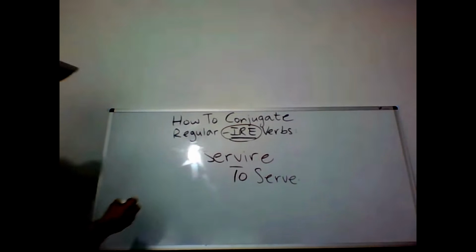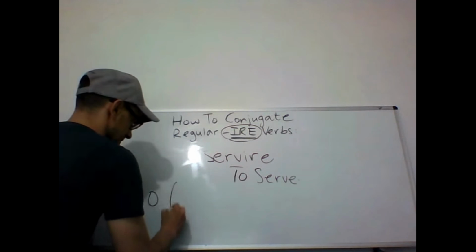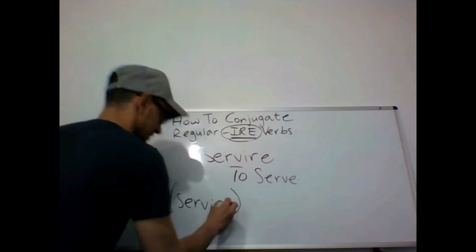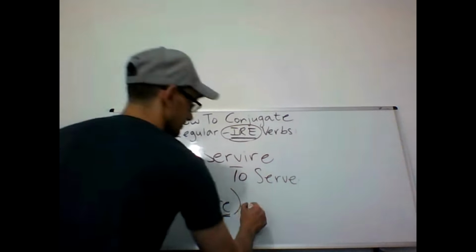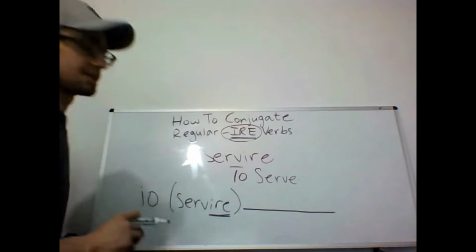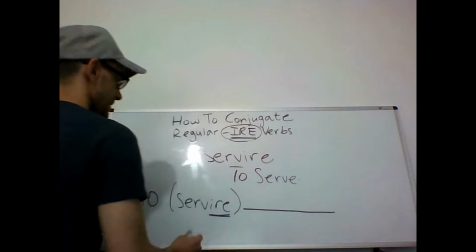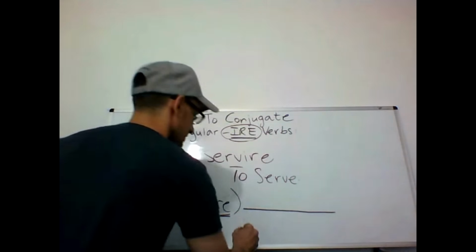So I know that I need io. Have the verb servire, right? Gotta look at that IRE. So I'm gonna leave a blank here. So let's say I serve the guests.